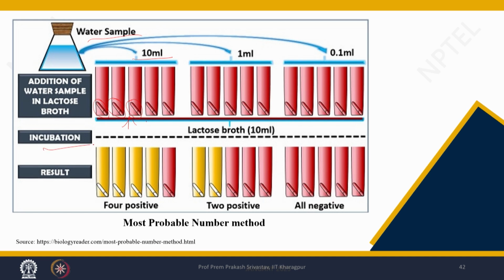Then after incubation, if the color is changed, here we can see the 4 positive tubes where the color is changed due to production of acid, and gas is also produced in the Durham tube. Here only 2 test tubes are positive, and here none of the tubes is positive, meaning all negative test.